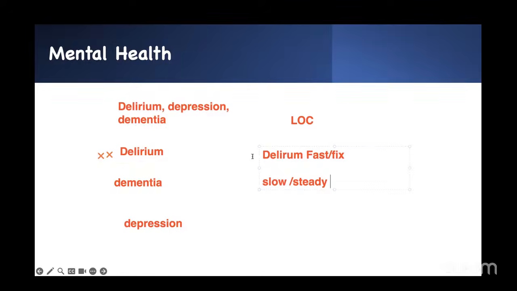Orientation and safety, because they try to get out of bed and they will fall, and provide a calm environment. If you see a case study or question, those are the four things: give them their medication, reorient, safety, and quiet with less stimulation. So, calm environment as much as possible.